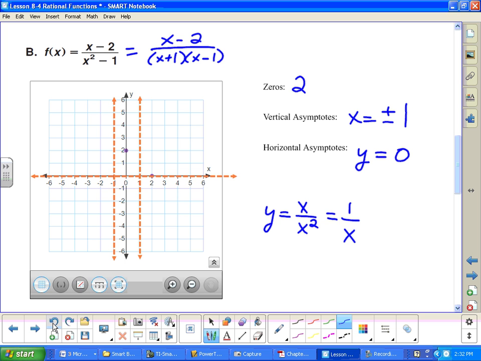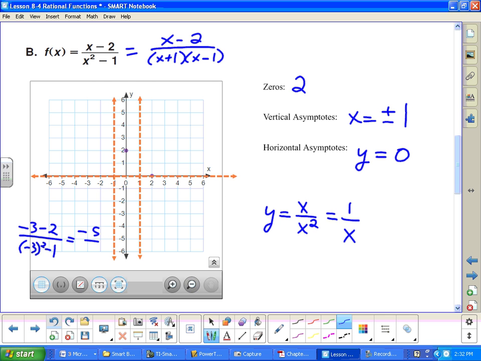Okay? Let's choose -3. If I put -3 in for x, we get (-3 minus 2) over (-3 squared minus 1). I just picked any number over here because I want to know whether it's on the positive side or the negative side. So we get -5 in the numerator, and what's -3 squared?